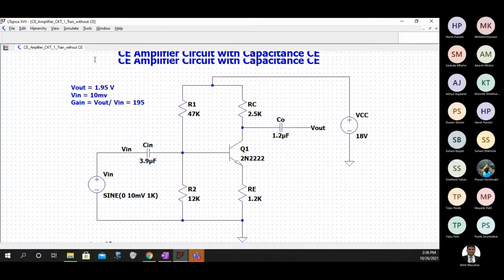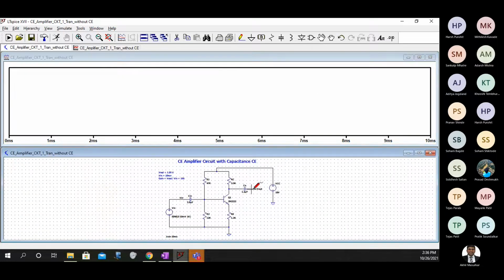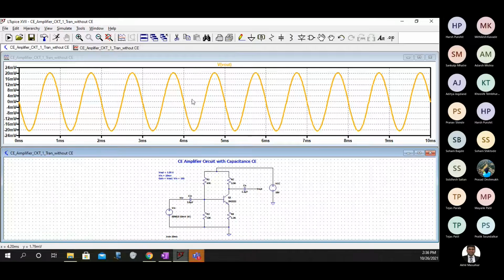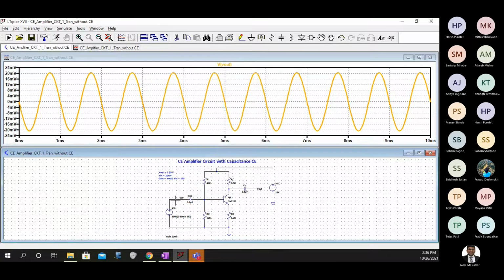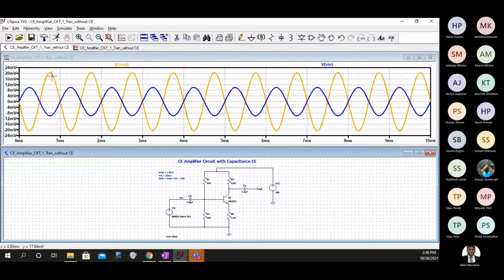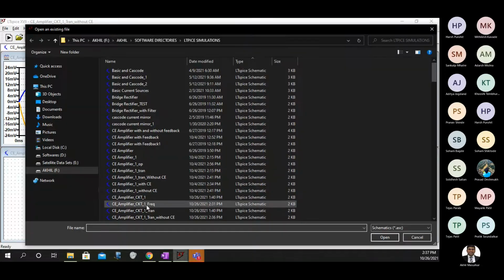We will run this in a similar way. So you should be able to see that the gain has reduced. Initially it was very high gain, but now the gain has just become 2 or 3. So the gain reduced like anything when you remove the value of C, and something similar if you do with the other file.